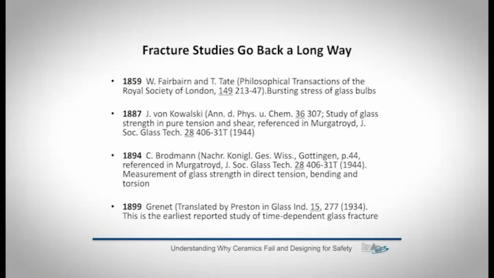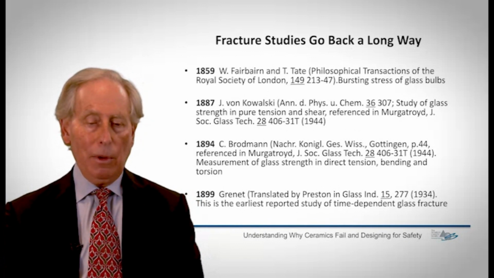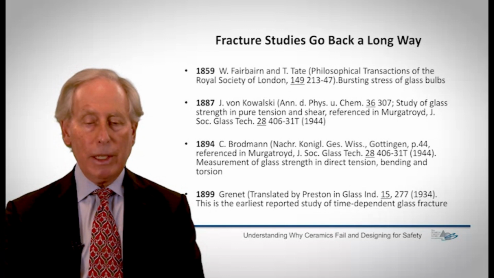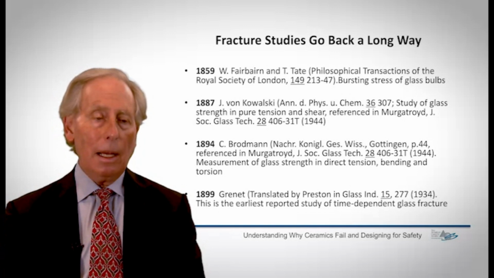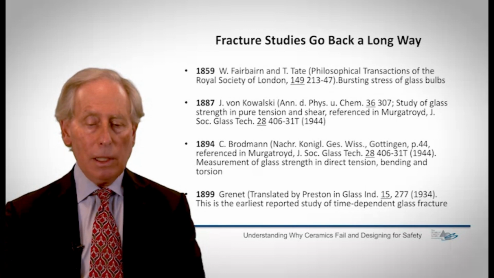And I found it interesting that the study of fracture of brittle materials goes back a long way into history. If you notice here at the top, and I don't expect you to memorize this, it's for your own interest if you want to look them up. The earliest reference I could find to any brittle fracture was 1859 on bursting stress of glass bulbs. But you can see that through the early years there were some, not a lot, of studies into the fracture of brittle materials, and mostly glasses.